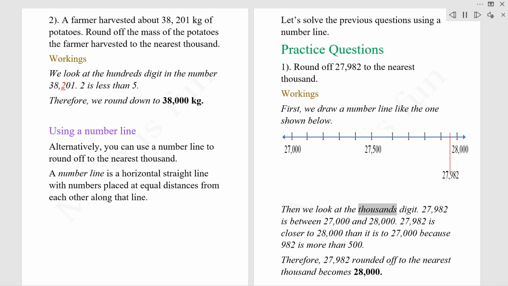Then we look at the thousands digit. 27,982 is between 27,000 and 28,000. 27,982 is closer to 28,000 than it is to 27,000 because 982 is more than 500. Therefore, 27,982 rounded off to the nearest thousand becomes 28,000.